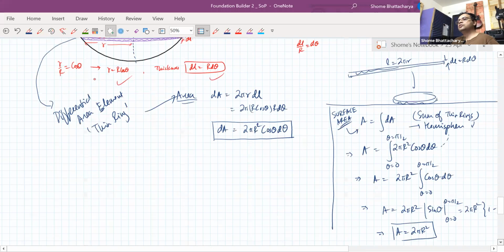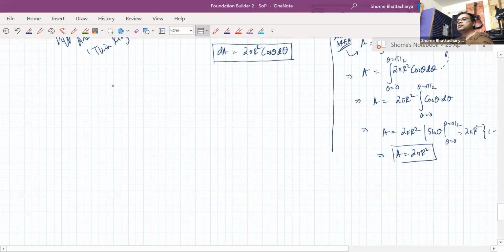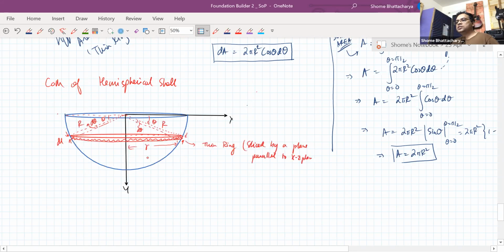So let's come back to our center of mass problem. Center of mass of a hemisphere. Okay, so in this, see this ring that we've taken. It has an area dA, which I've already written as 2 pi r into dl, which I have shown as 2 pi capital R square cos theta d theta. So what about its mass?